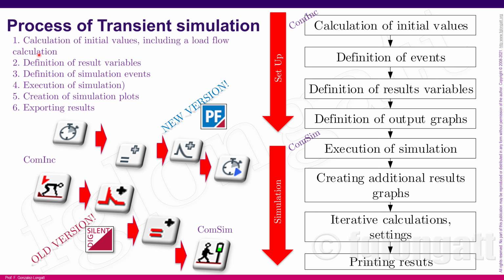First step, calculation of initial condition. Second step, definition of result variables. Third step, definition of simulation events. Fourth step, execution of the simulation. To be honest, that is the only moment that you are running the real simulation.